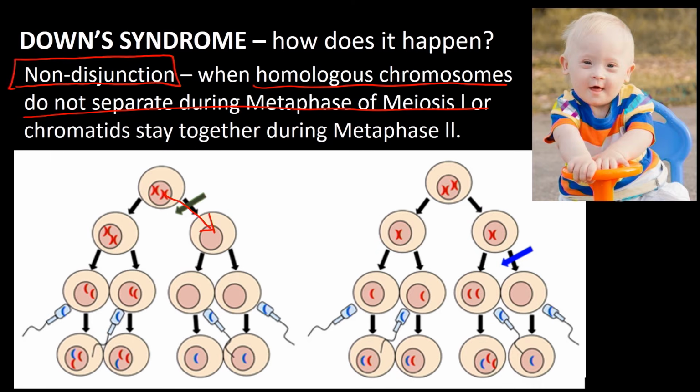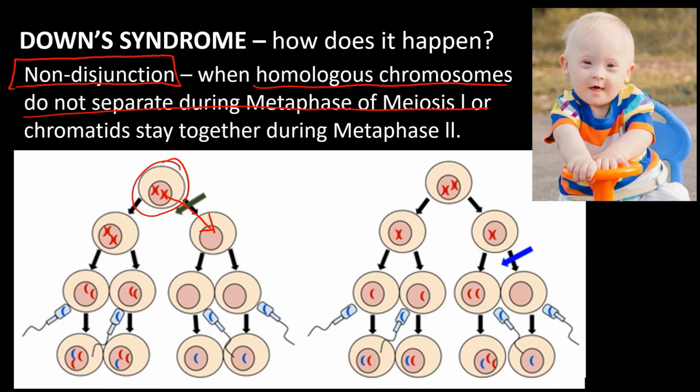Now, we've only drawn one chromosome here, but in reality, if this is human, there would be 46 chromosomes in the cell, so this would have 22 chromosomes, whereas this one would have 24 chromosomes. That leads to, when the eggs are produced, some eggs not having a chromosome 21. Other eggs have an extra chromosome 21.